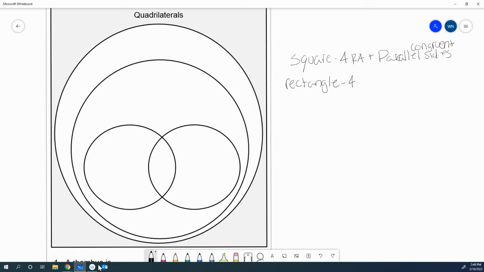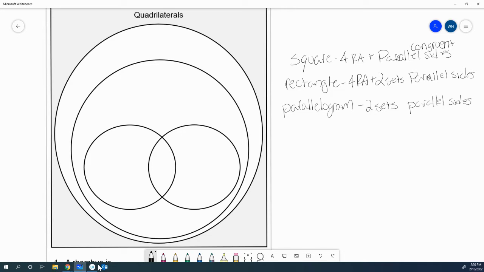A rectangle has 4 right angles and 2 sets parallel sides. We also want to include a parallelogram, which just has 2 sets of parallel sides.